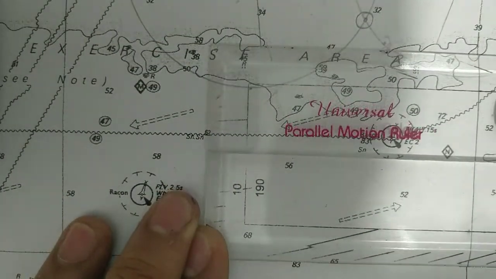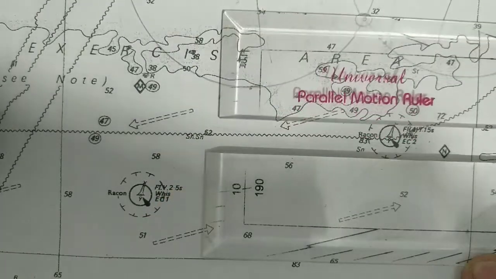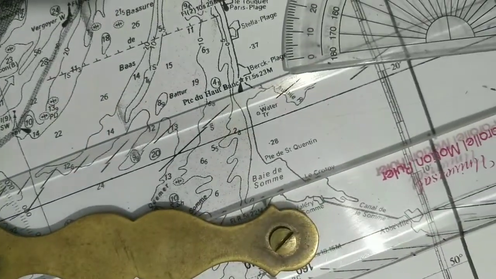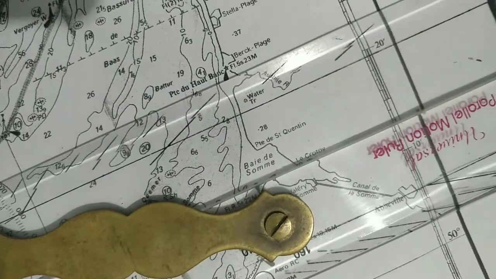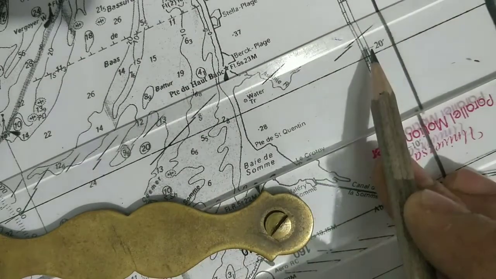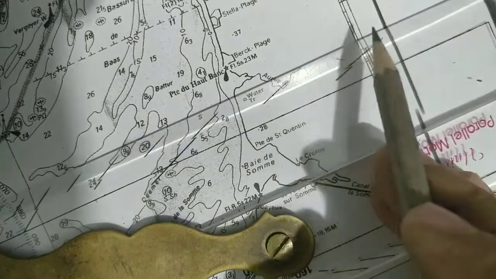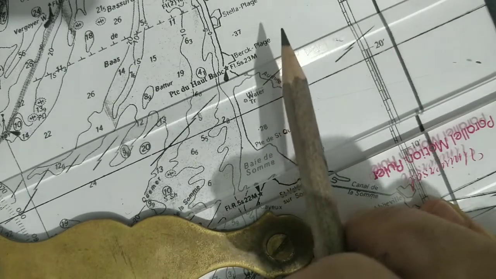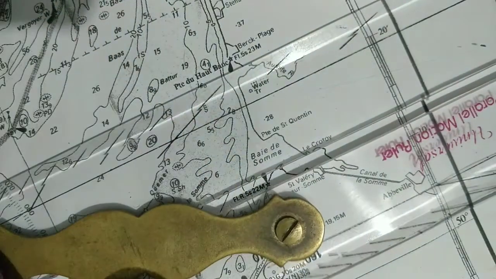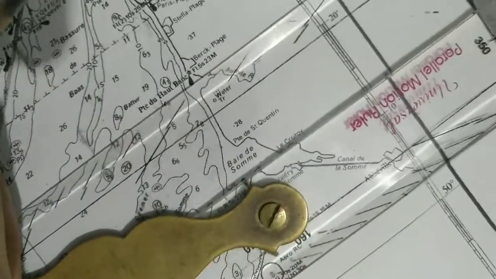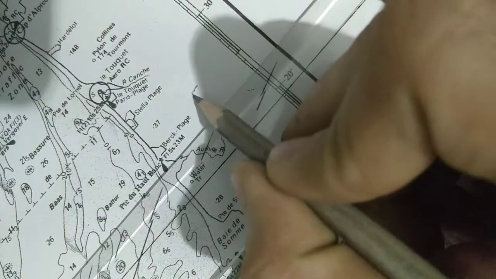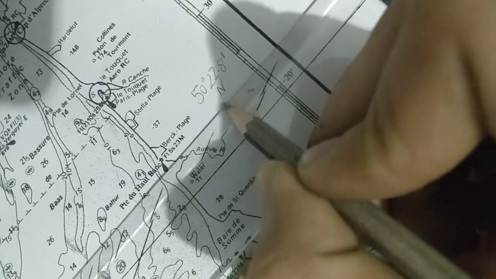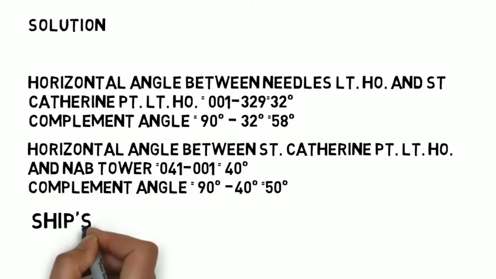We'll align the parallel ruler with the straight line, and we'll take our latitude, and the latitude is 50 degrees 22.8 minutes.